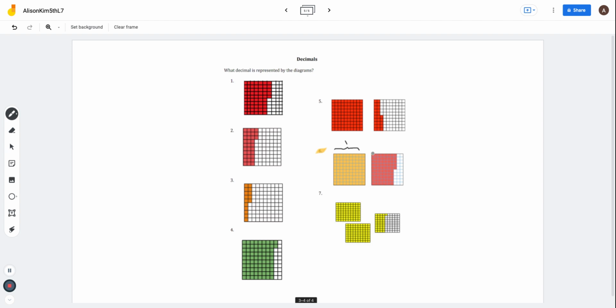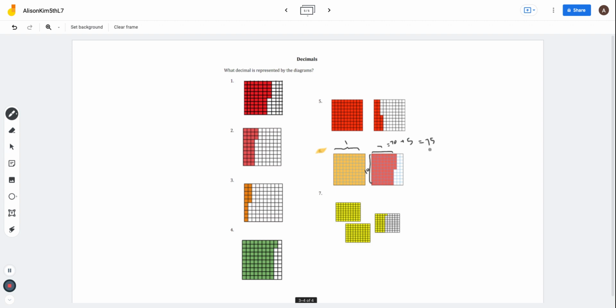There's 7 full ones, but there's 10 actual boxes, right? So 7 times 10 will equal 70. But we still have a few remaining here. And we see that it's about 2, 4, 5. So there's 5 remaining here. So for this one, we're going to do 70 plus 5, which is 75.